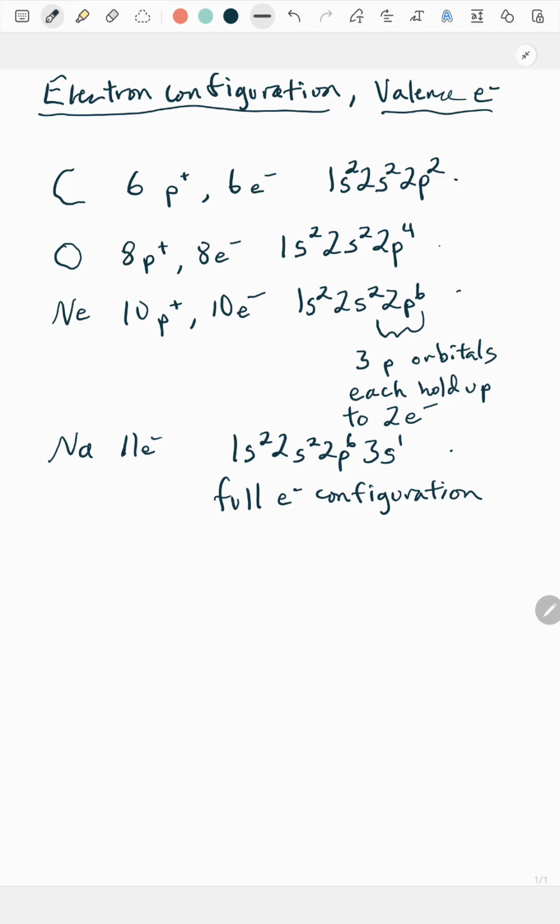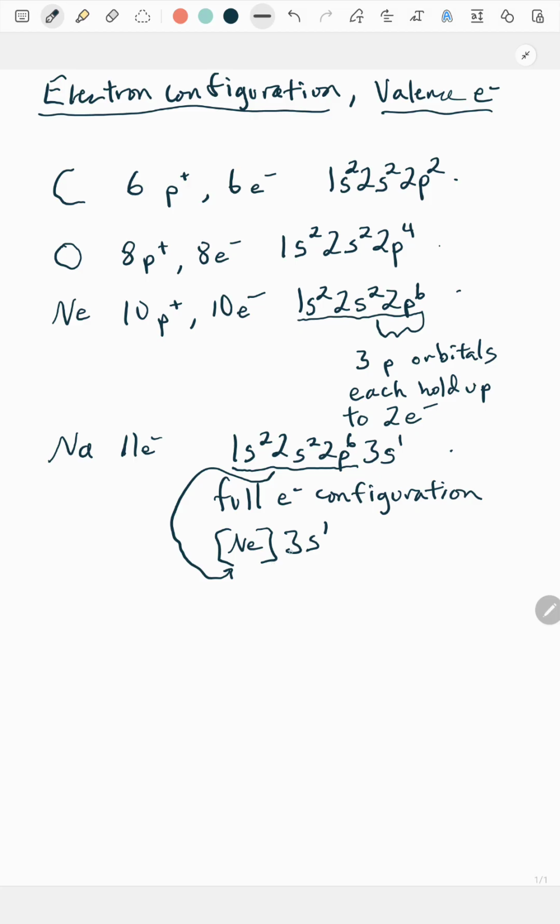Now there's a shorthand we can use, because the first part of this electron configuration, 1s2, 2s2, 2p6, is the same as what we see in neon. Because that is equal to neon, we can replace this whole first part with neon in brackets, and then simply write the remaining 3s1.